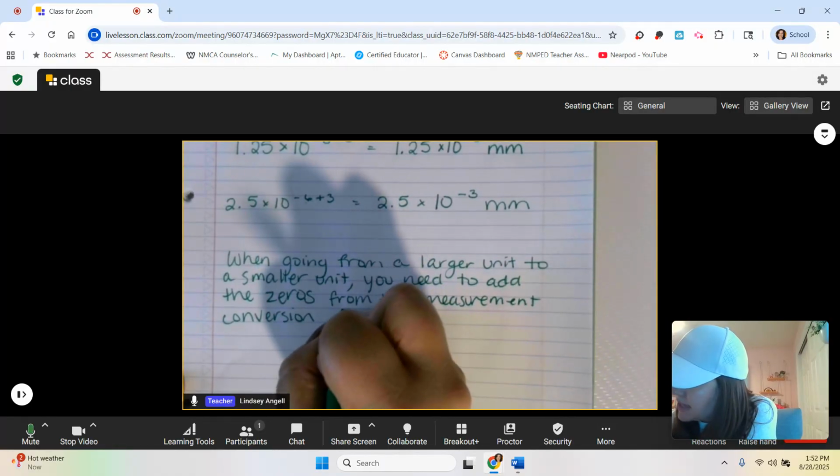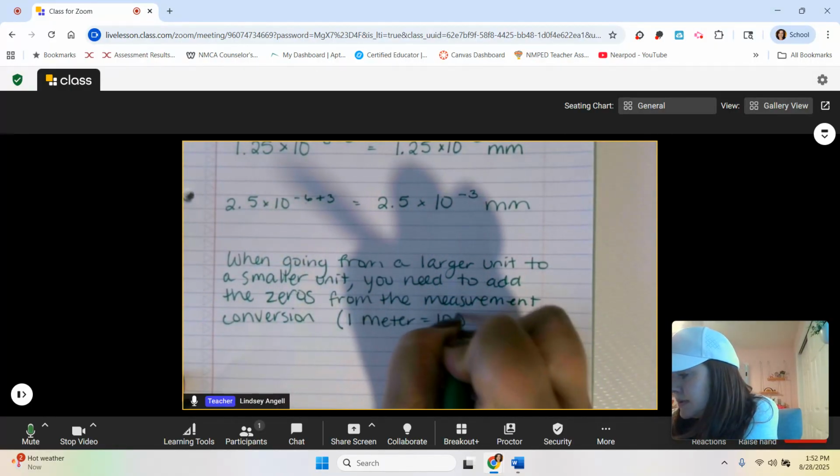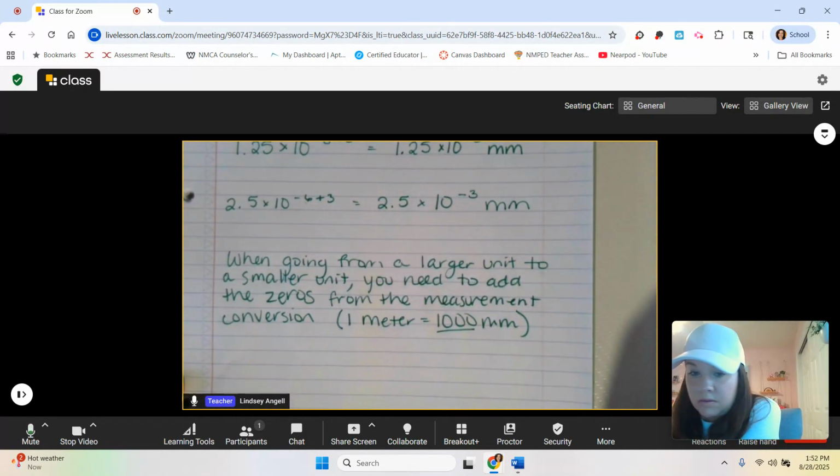Today that was the example of 1 meter equals 1,000 millimeters.